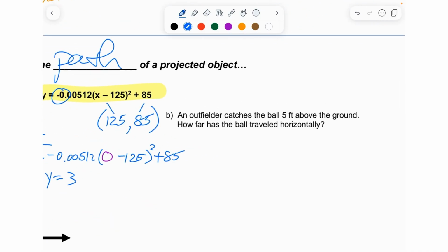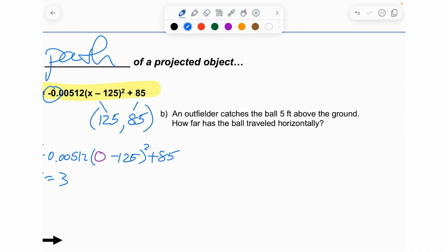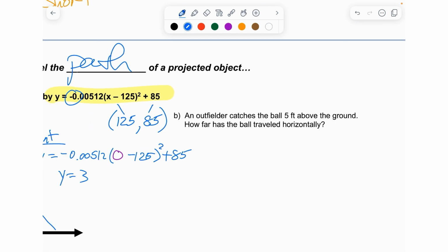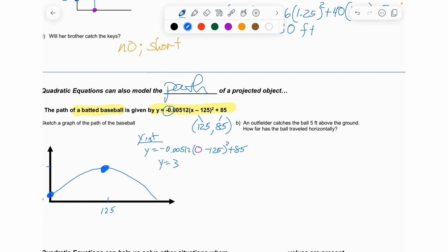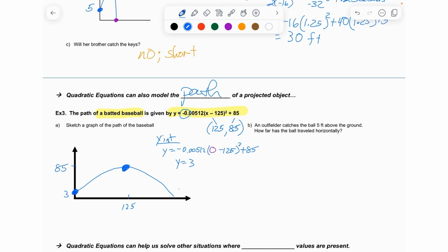Let's answer a question. Somebody's out in the outfield and catches the ball 5 feet above the ground. So somebody's standing out here in the outfield and they catch the ball 5 feet above the ground. How can I use that with my equation to find out how far the ball travels horizontally? Well, what you have to understand is that 5 is actually the y value.